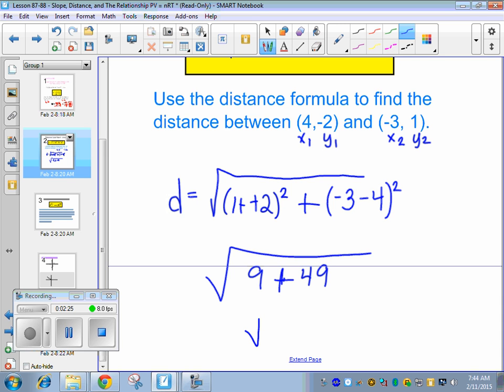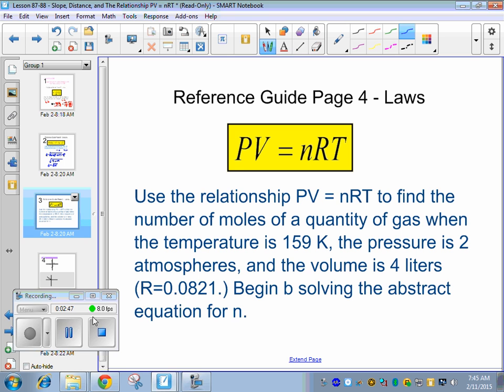So now I've got 9 plus 49, and we get the square root of 58. If you can simplify, but 58 is 2 times what? 29. 29 is prime, so there's no double numbers or squares that come out of that, okay? Alright.